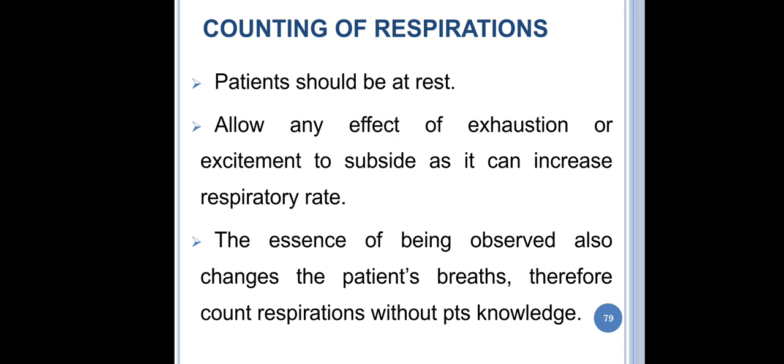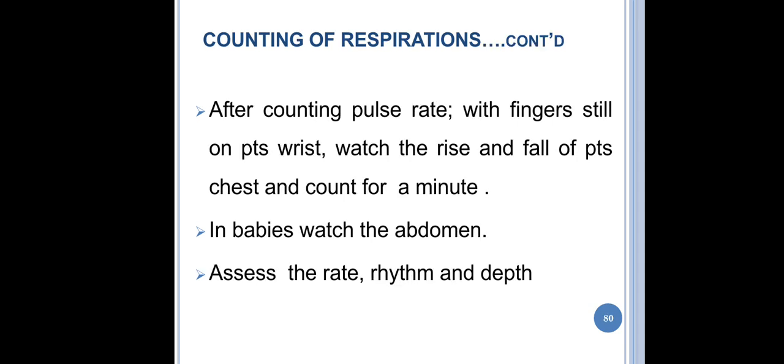That's how we get it without the patient's knowledge. After counting the pulse rate with fingers still on the patient's wrist, watch the rise and fall of the patient's chest and count for a minute. So this is what I was saying: after you are done counting the pulse rate, you then shift to the chest so that the patient doesn't know.